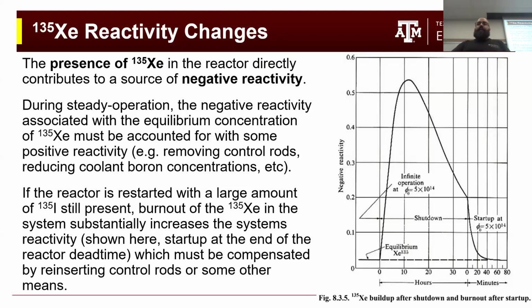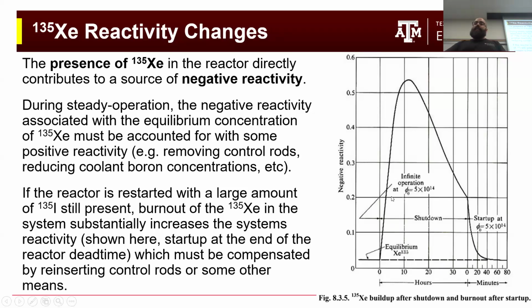And this is showing that same plot where we have a shutdown period. So we were in equilibrium, we've shut the reactor down. And once we've shut the reactor down, the amount of xenon builds up, gets to a maximum, and then it starts to finally decrease once that xenon is allowed to decay away, and once all of the iodine that was there has decayed into xenon.